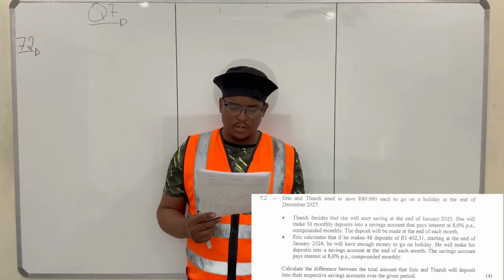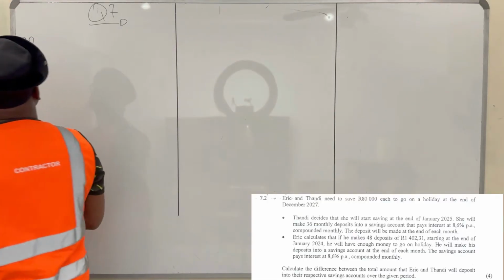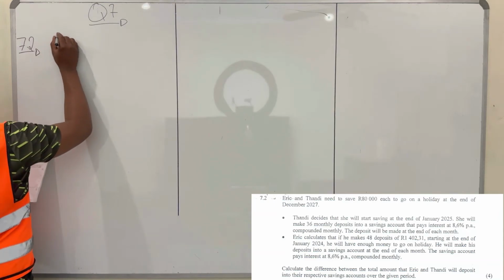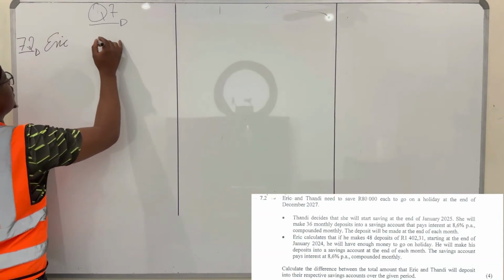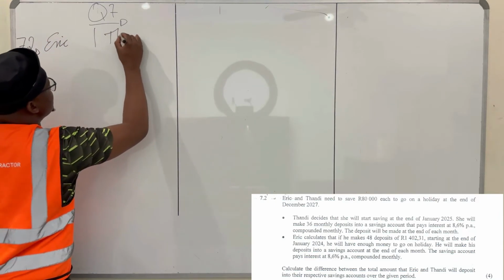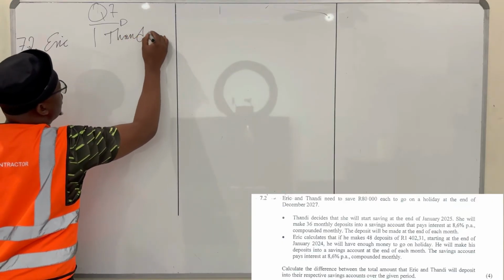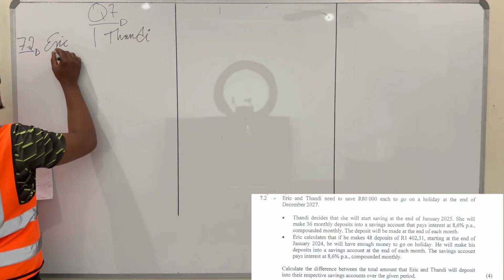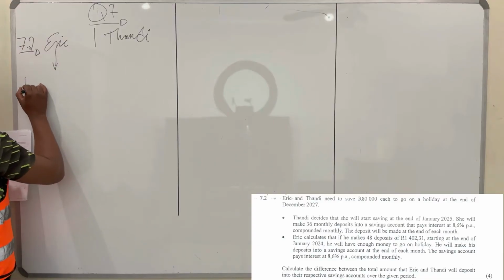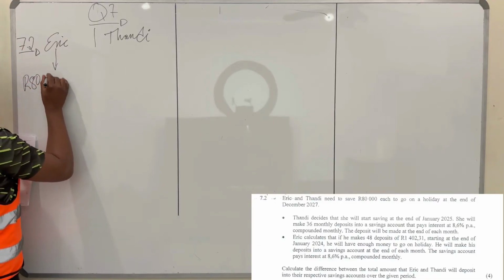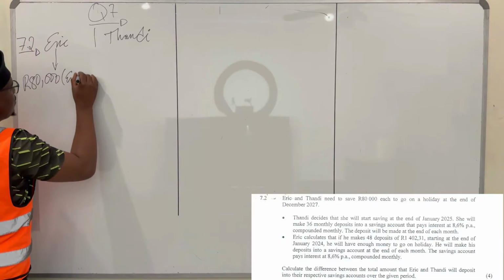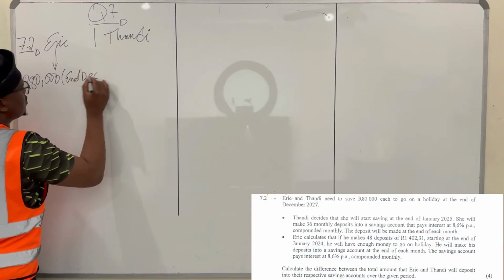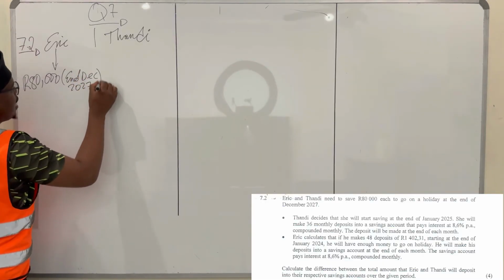Fine. So what they're saying, we have Eric, right? And we have Tandy here. So, Eric needs 80,000 in December 2027, right?